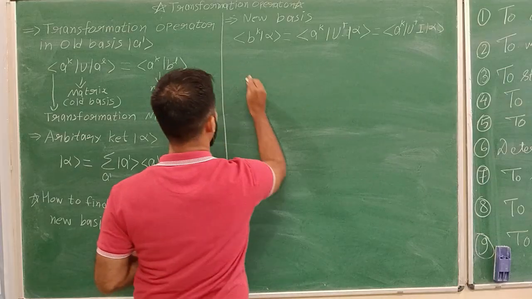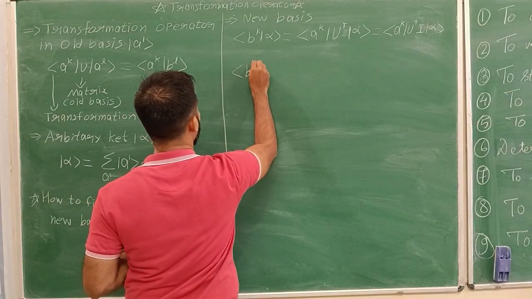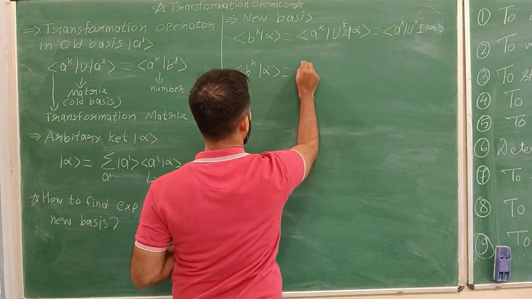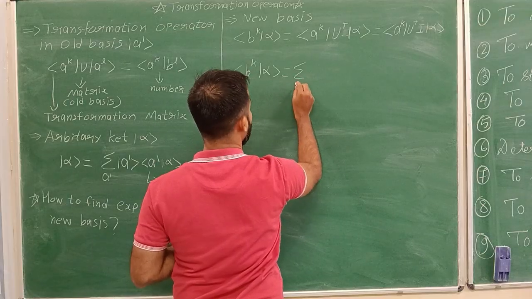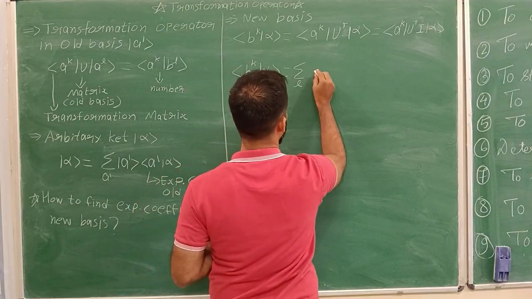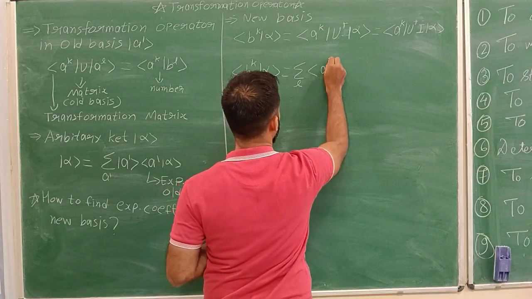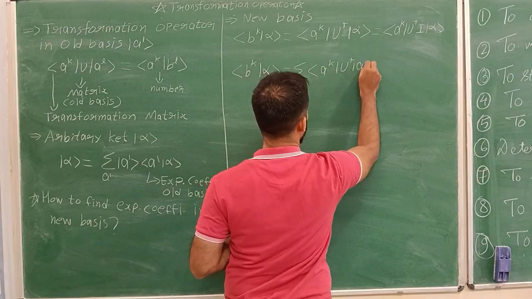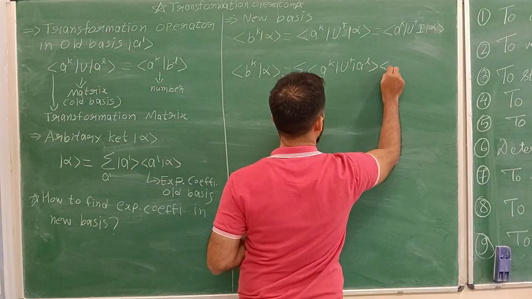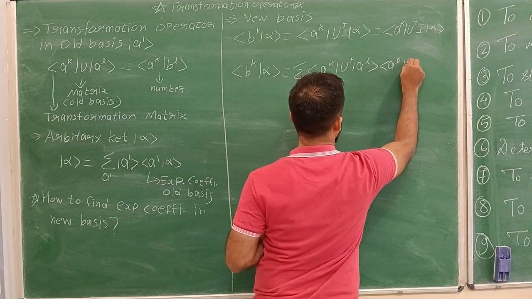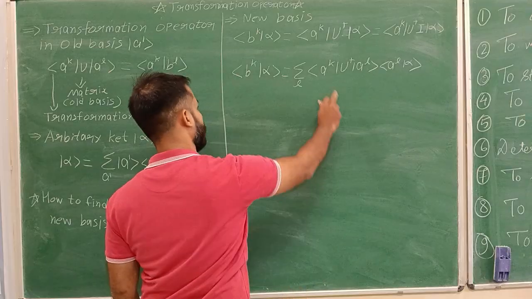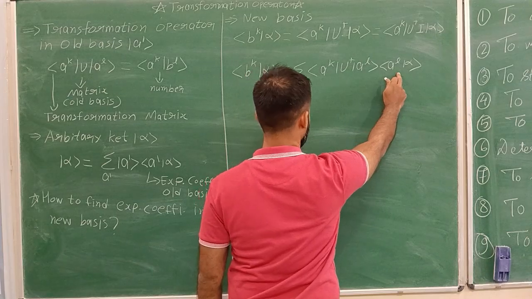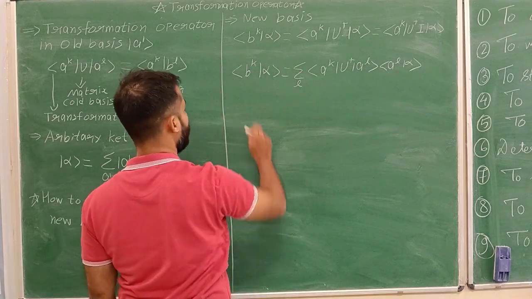Exploit this identity by writing it in the basis A_l. This is the old matrix, this is the old expansion coefficients. Just multiplying them together gives me the new expansion coefficients.